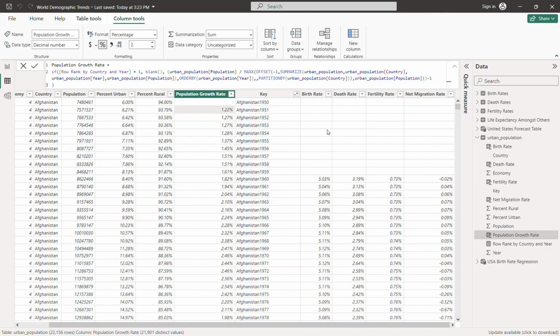But in any case, I was able to use that in conjunction with the birth rate, death rate, and fertility rate to get the migration rate.